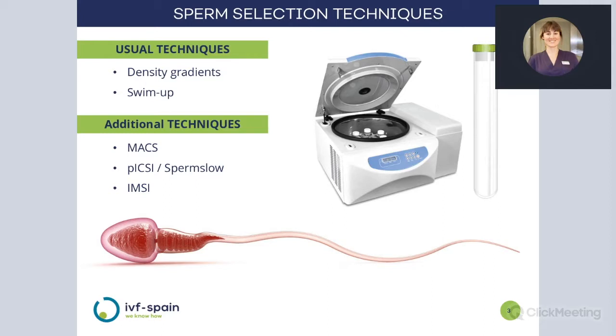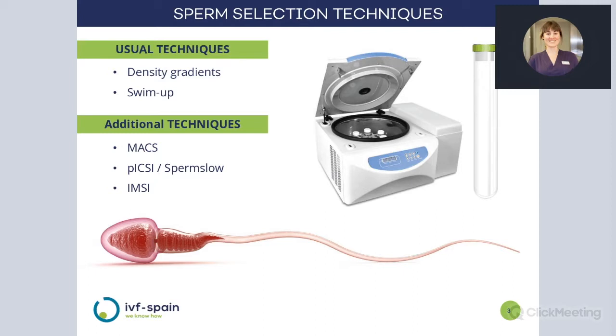In any case, another technique that we can use to overcome some molecular problems, so to extra select the sperm cells, looking at some molecular characteristics, is PICSI or SpermSlow, which is basically the same principle, these two techniques. They are based on the fact that mature sperm cells will be able to bind to hyaluronic acid.